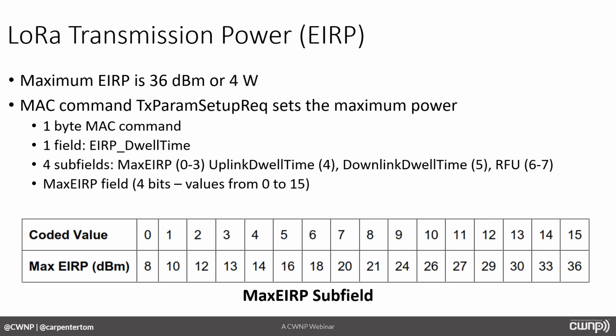So in the EU, it's going to make sure it doesn't communicate more than 1% of the duty cycle. Now, you might think, well, 1%, that's not very much. Well, realize that's each device, right? So if the device is using all of that 1%, and I have 100 devices, I'm using 100%, aren't I? So it's not as limiting as it sounds at first.